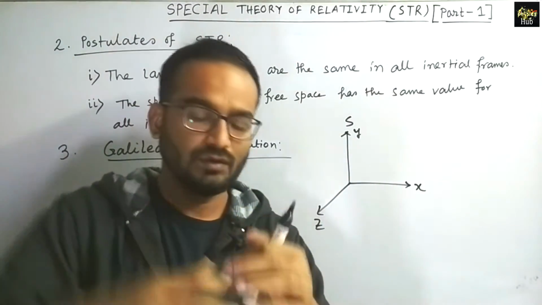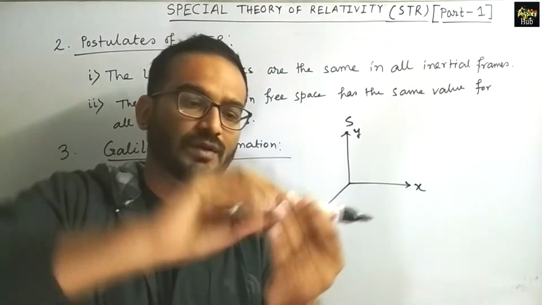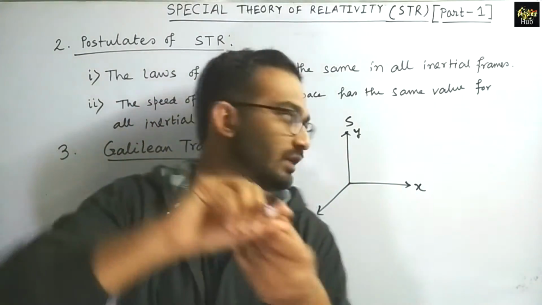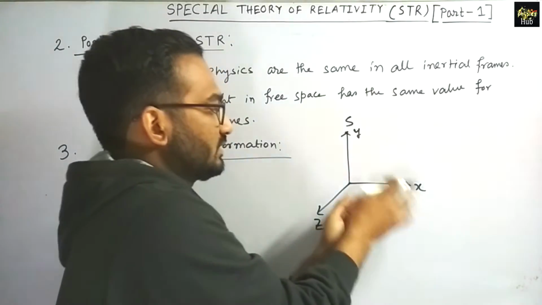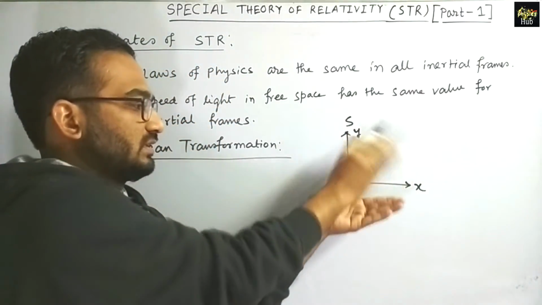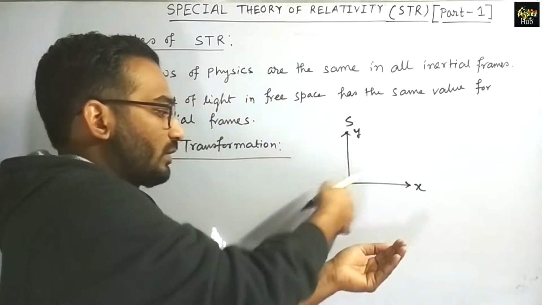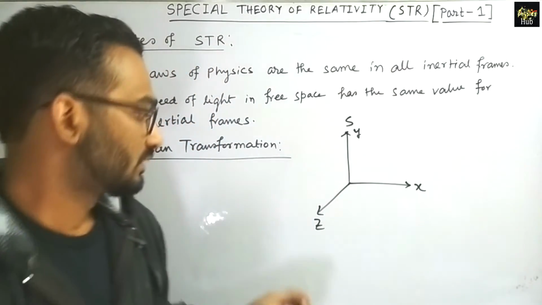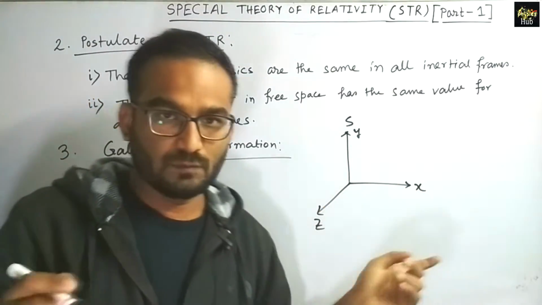It always follows the right hand rule. So this is the x-axis, this is the y-axis, and if you rotate from x to y in this way, it will move forward in this z direction. In this way you can select the coordinates x, y, and z.